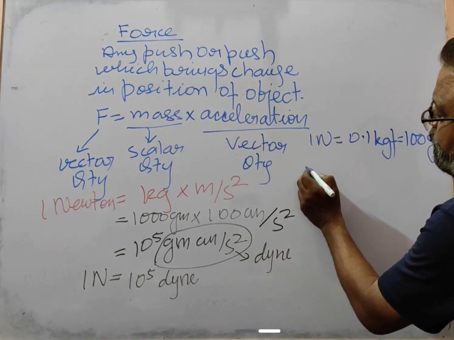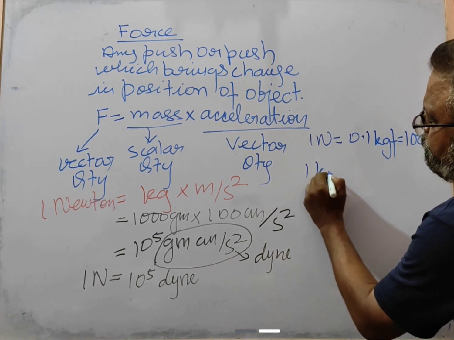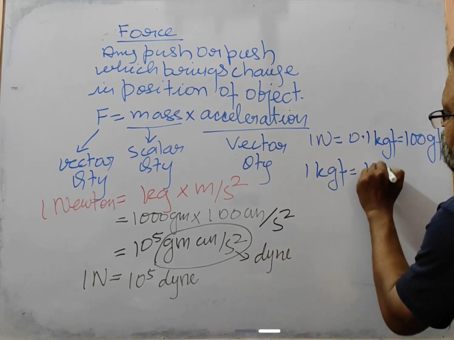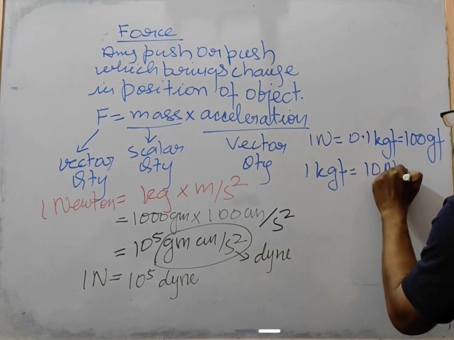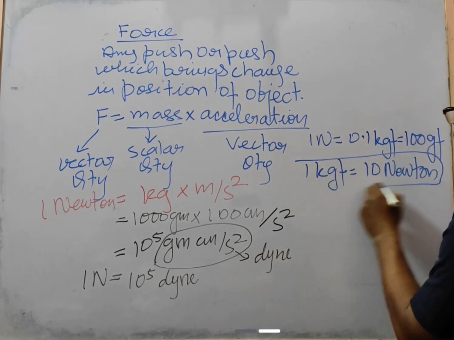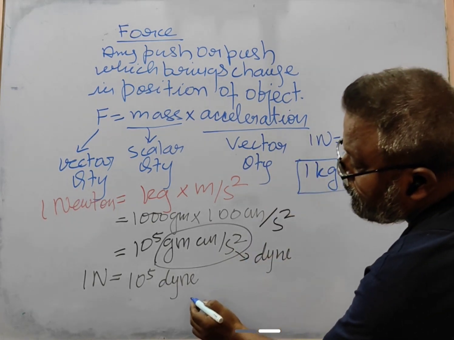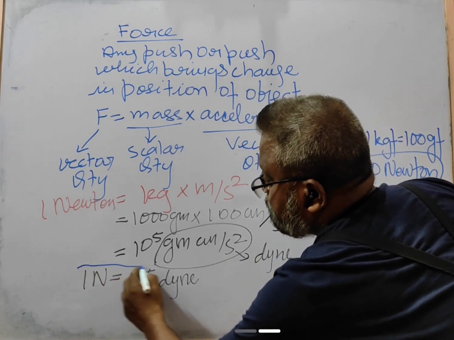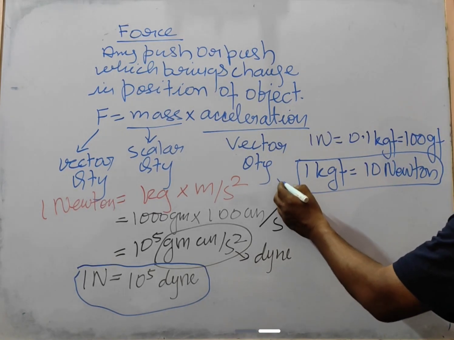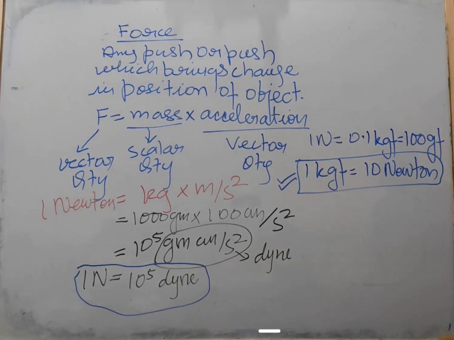Or we can say 1 kgf is equal to 10 Newton, right? This one and this you have to remember, right? This conversion is very important and very much required, right?